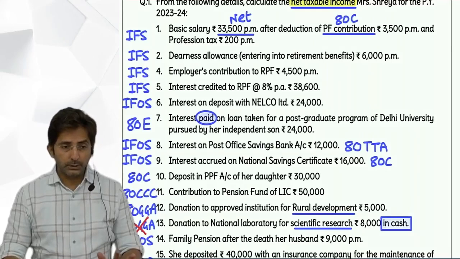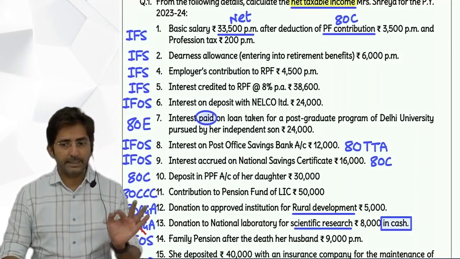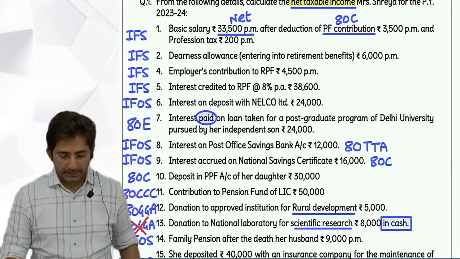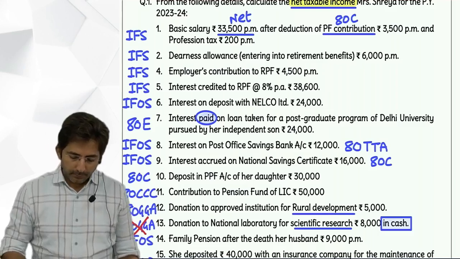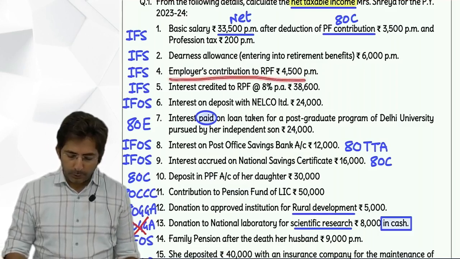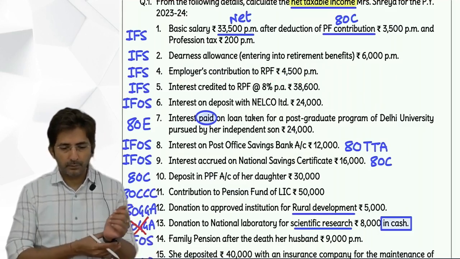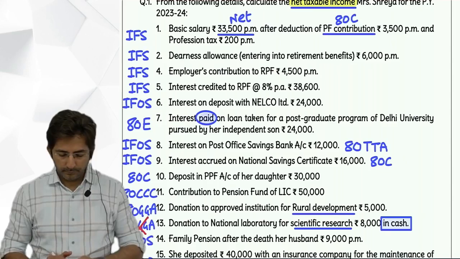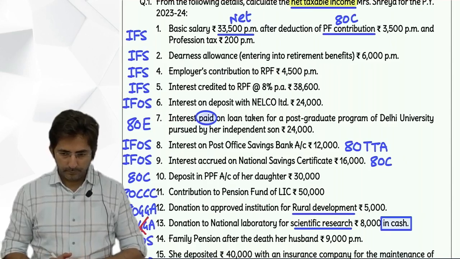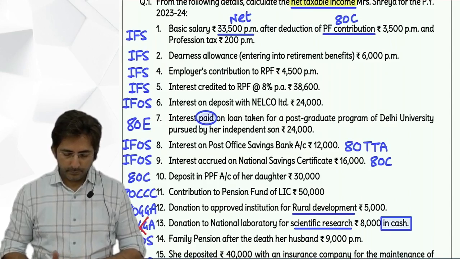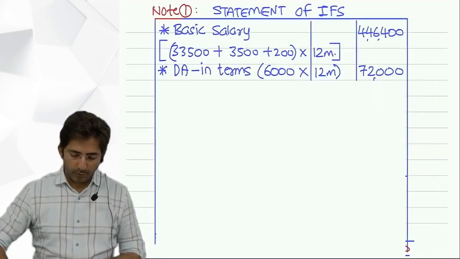We have to search in the question wherever it is written IFS, search for salary items. Then we have employer's contribution to RPF. So this will first come in the inner column.